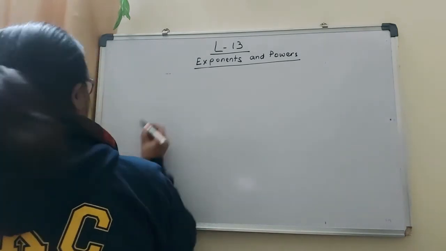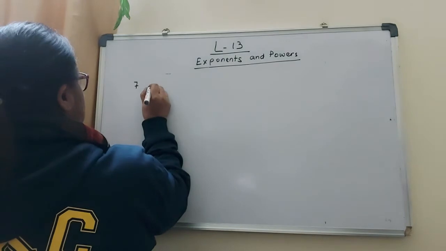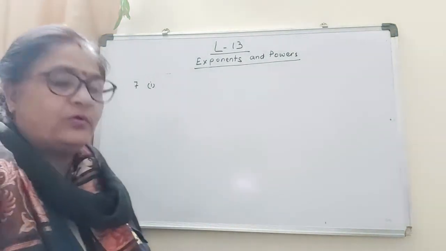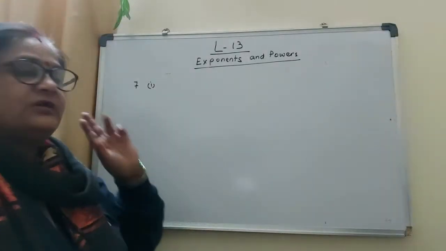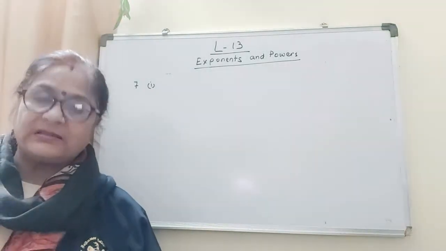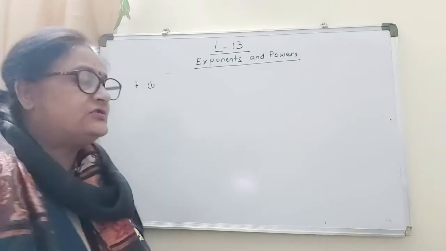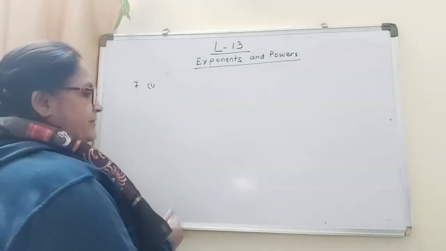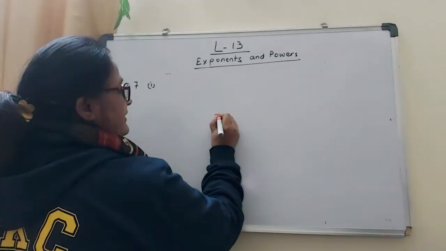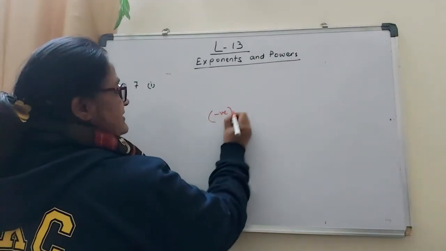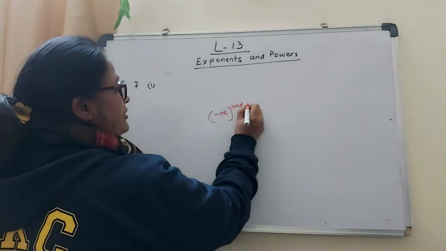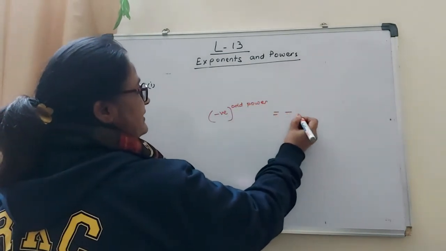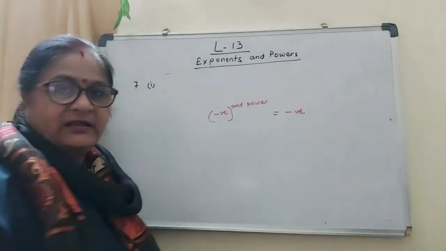Next one, number 7. Number 7 is also simplify, which means that you are going to find the answer to it. Now let us recall that if a negative number is raised to an odd power, the answer we will get will be negative.